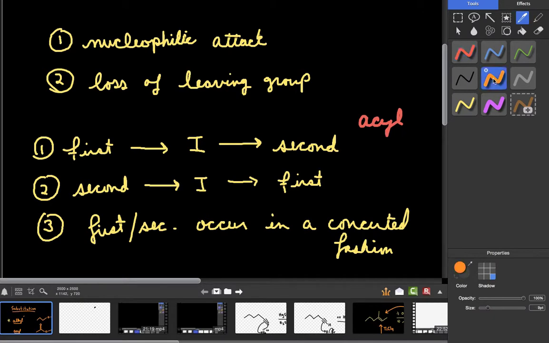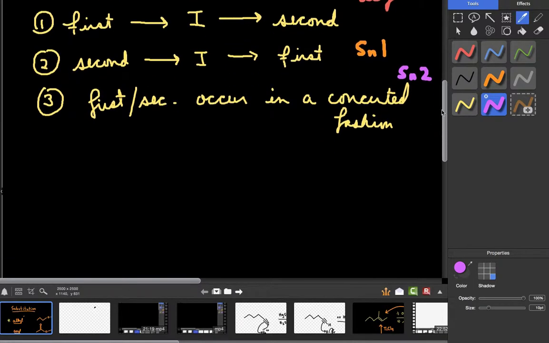The second possibility is the SN1 mechanism. And in fact, the intermediate is a carbocation. The third possibility is the SN2 mechanism. So arrangements 2 and 3 are going to result in alkyl substitution.